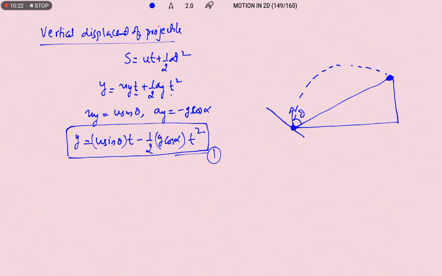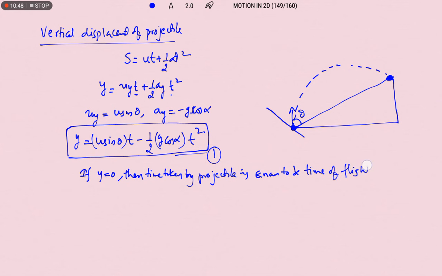Therefore, if y equals 0, then the time taken by the projectile is known to be time of flight. So now I am going to derive the expression for time of flight by taking y equal to 0. So if y is equal to 0, t is equal to time of flight.